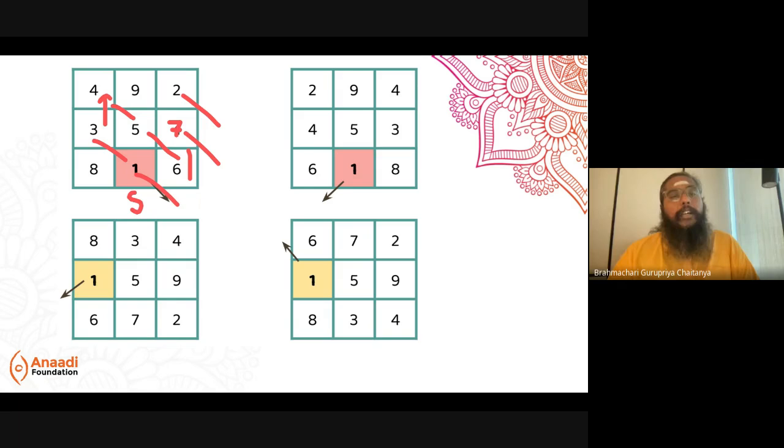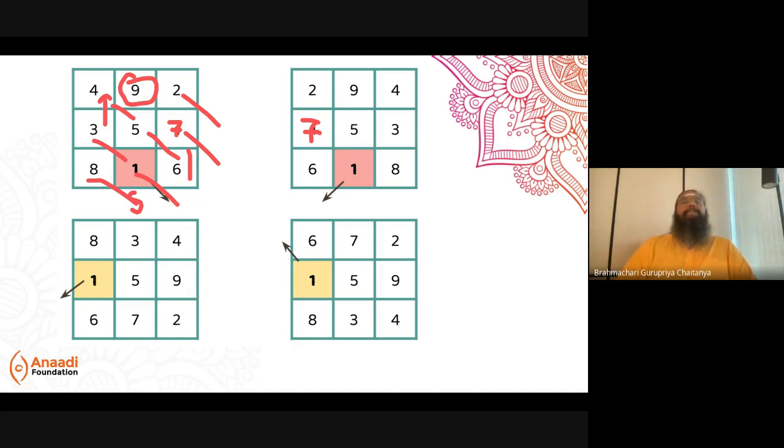7, again go down here in the north, in the southeast direction. 8. 8, again southeast direction here. 9 will come here. So this again is 7, typo here.